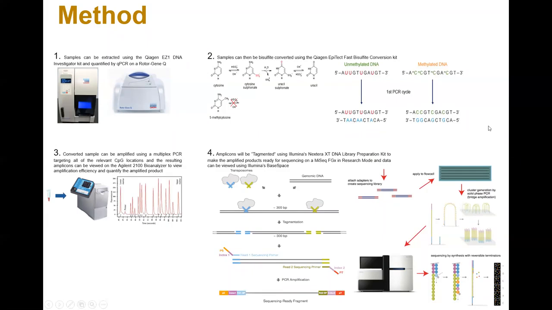That will be a good control for determining whether any point along the PCR amplification, library prep, and sequencing is introducing large amounts of error to the data that you're getting.